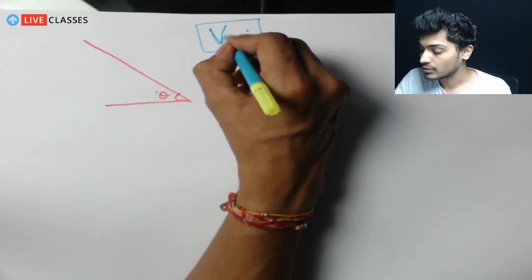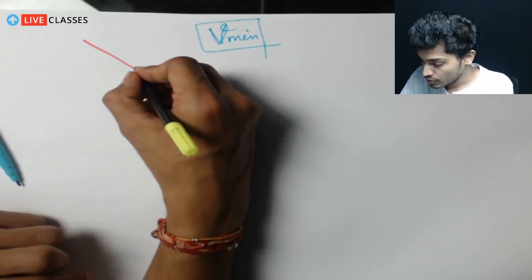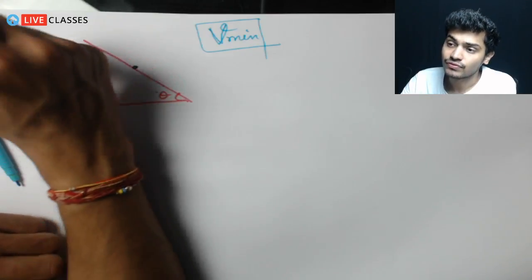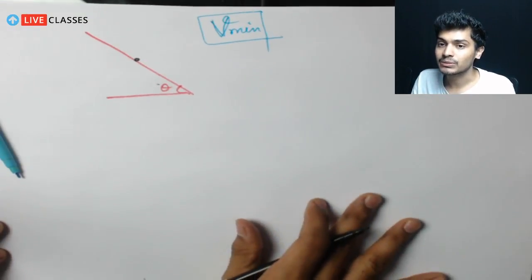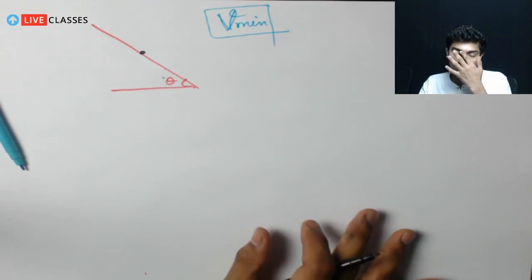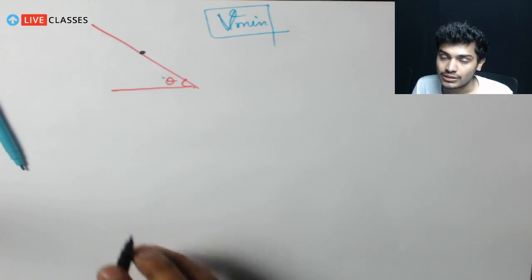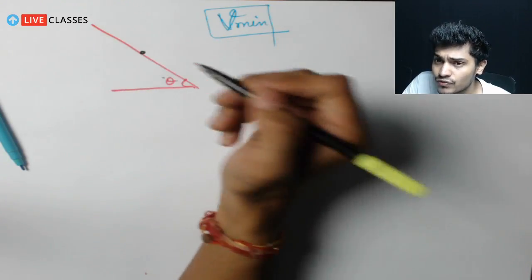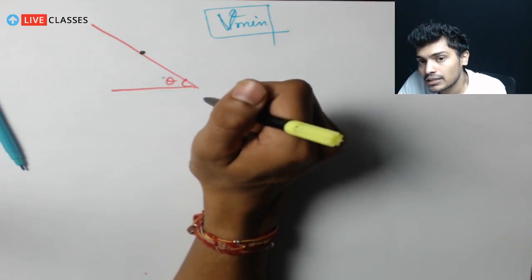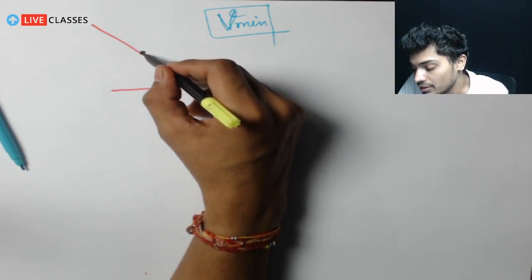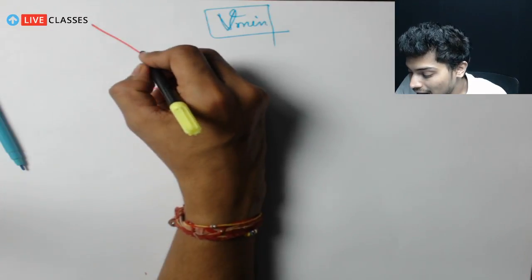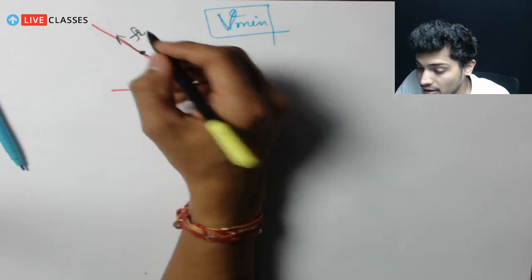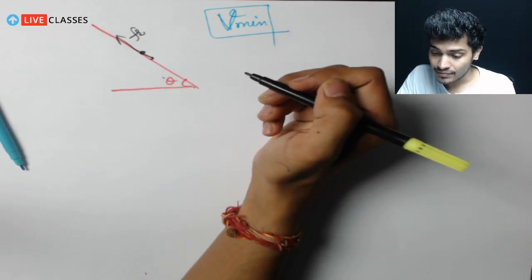What should be the V minimum? Suppose the particle is here, and in case of V minimum, what should be that minimum value of V for which the body should not slip down? In that case, the tendency of the body will be to slip in this direction. So friction should act in this direction to avoid the slipping, right?